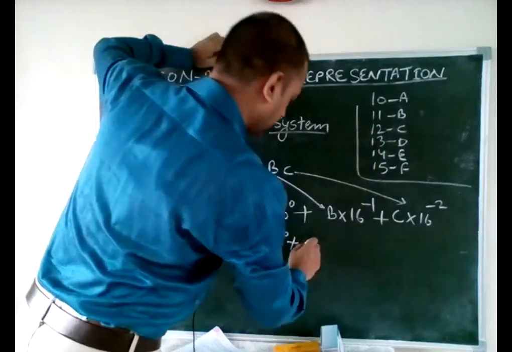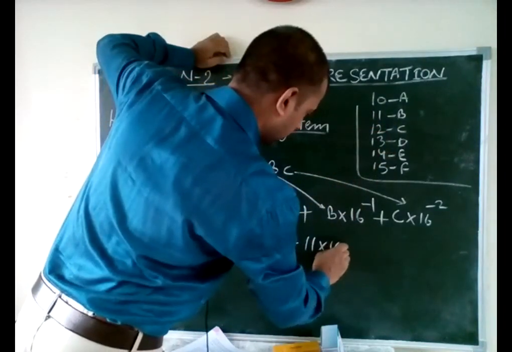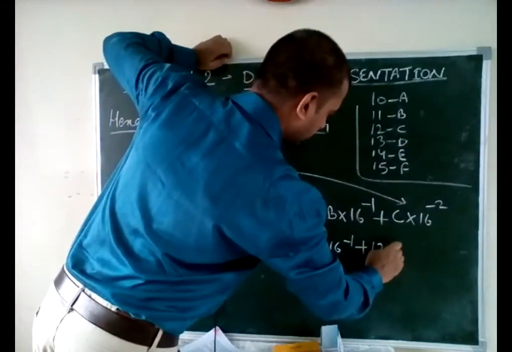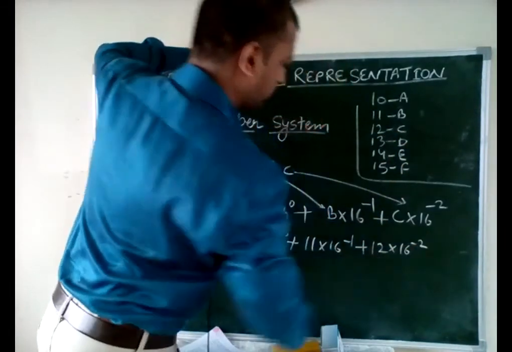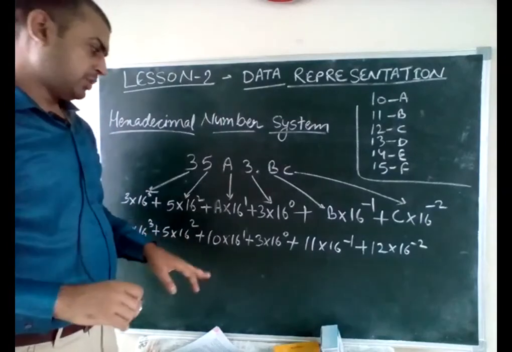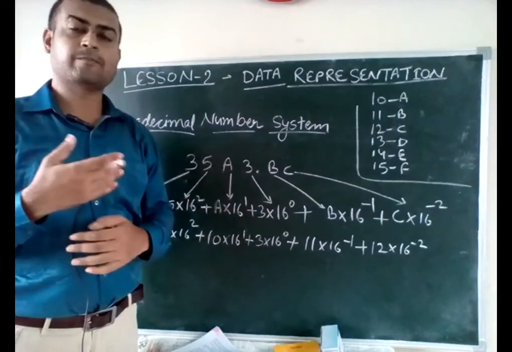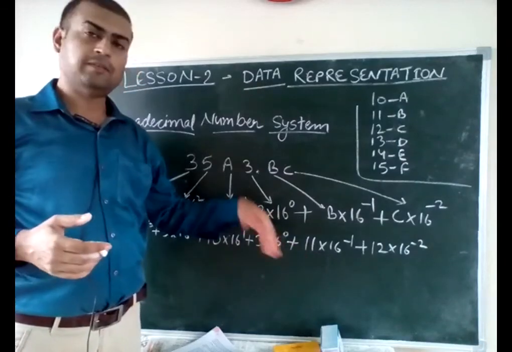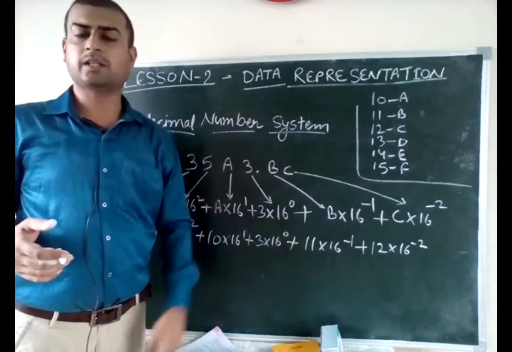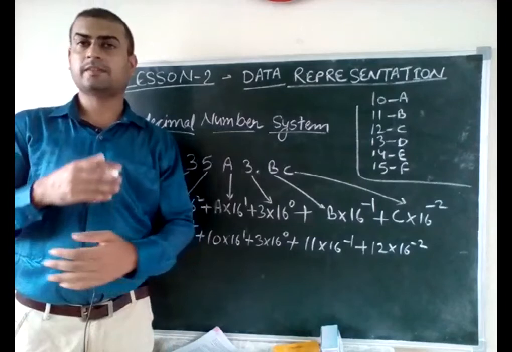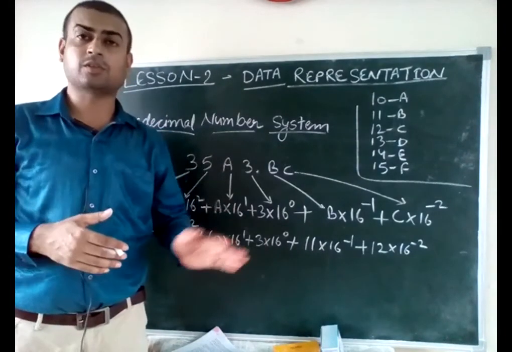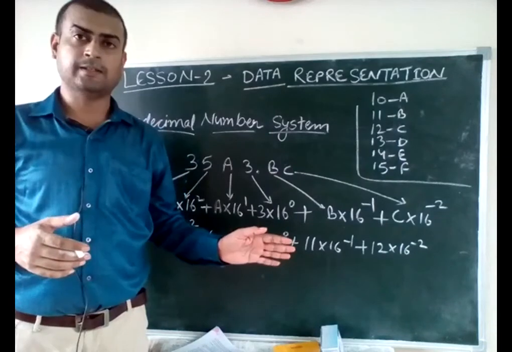B is 11 into 16 to the power minus 1, plus what is the value of C? 12 into 16 to the power minus 2. So we will replace the code with the number, and then we will evaluate it. This is very simple, and the process of evaluating is similar for all 4 number systems. This is the common thing.